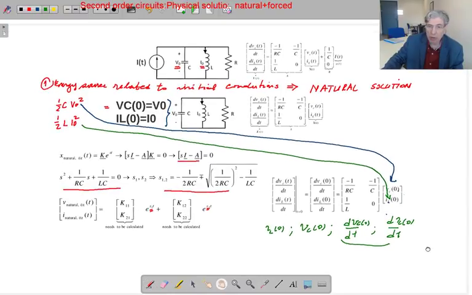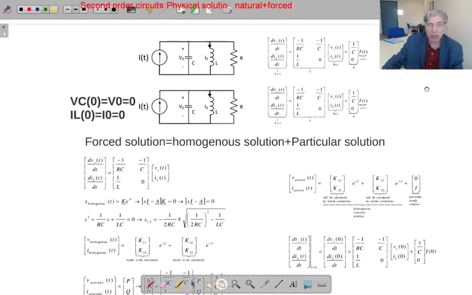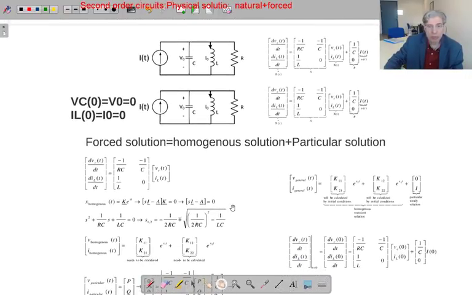So what is next? Use the second source, the second energy source.